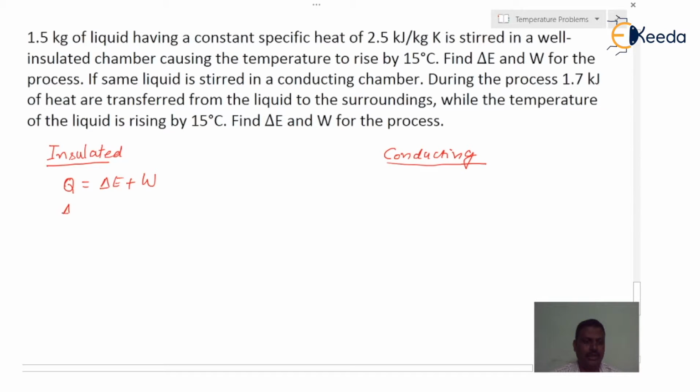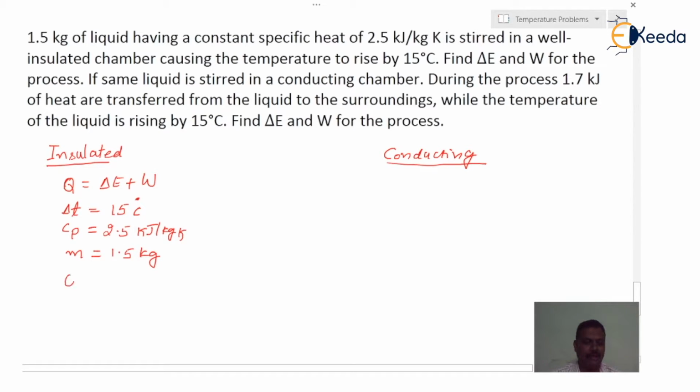So here we can take delta T as 15 degrees Celsius, and we have its specific heat at constant pressure as 2.5 kilojoules per kg Kelvin, and mass equal to 1.5 kg.